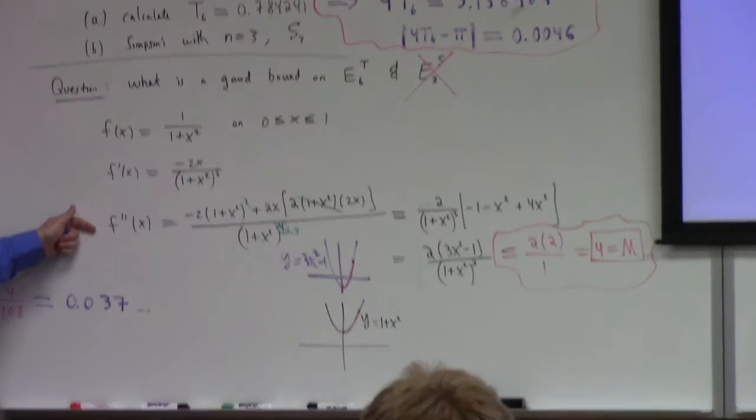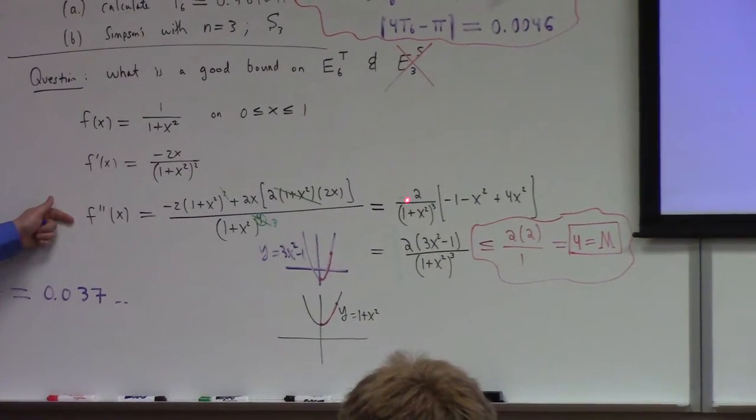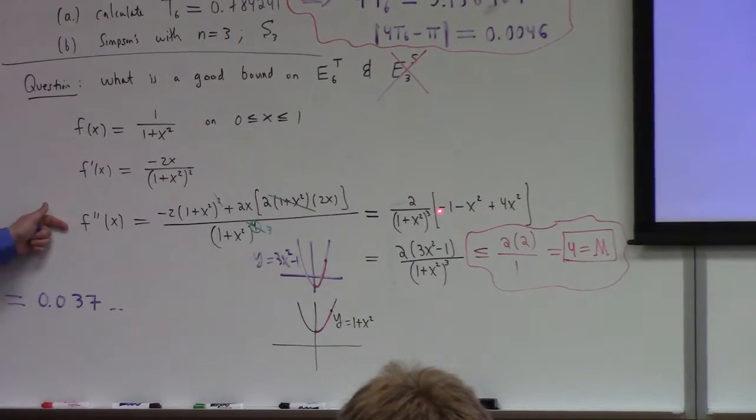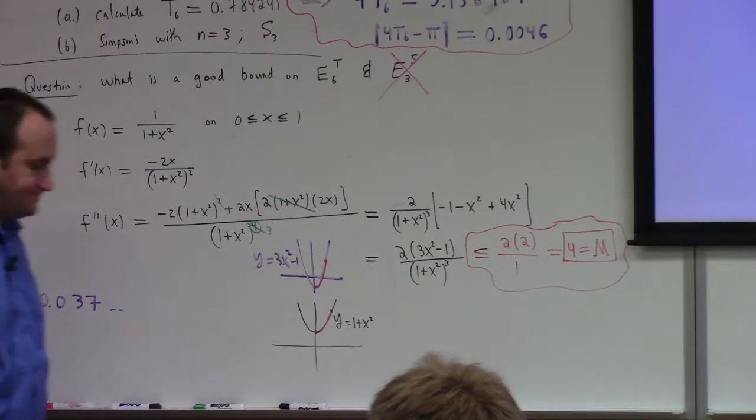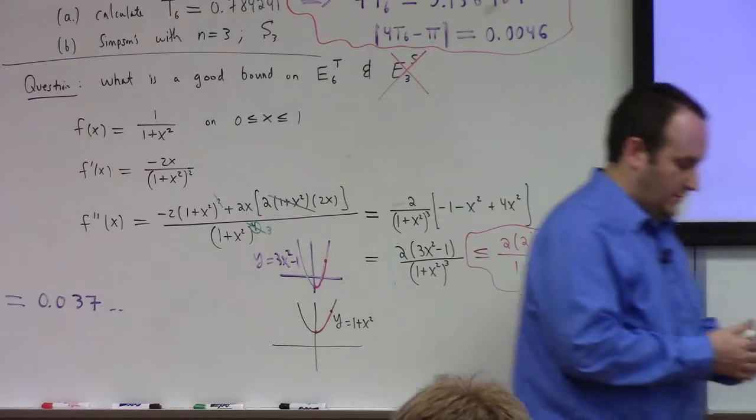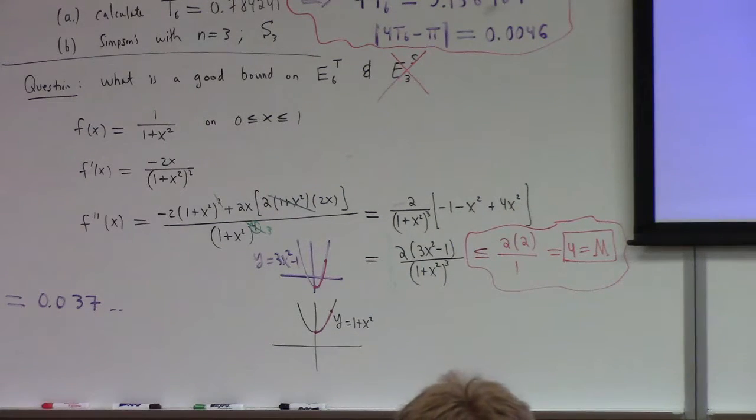So in other words, the second derivative cleans up to this over here. It's 2 over 1 plus x squared cubed times minus 1 minus x squared. Distributing this minus, I factored the 2 out. And then I've got 2x times 2x, which is 4x squared. If you don't want to follow my calculation, you can just do it on your own, right? And you should get to the same thing.